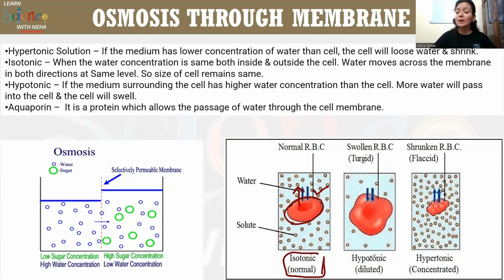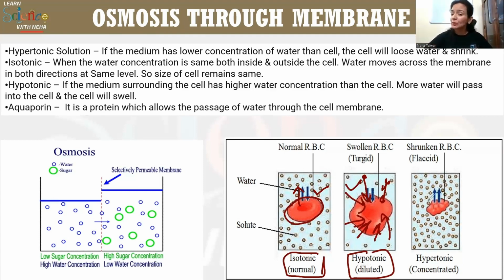But if I put a potato in a hypotonic solution, that means outside is just water, very little salt, but inside it has a lot of salt. Water will always move from higher concentration towards lower concentration in osmosis. So water will go inside and the potato will swell.